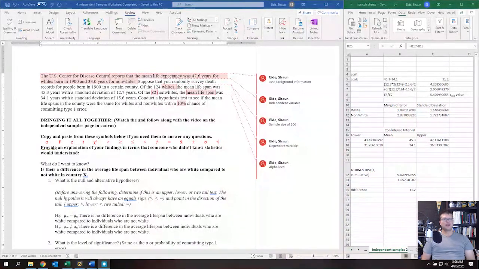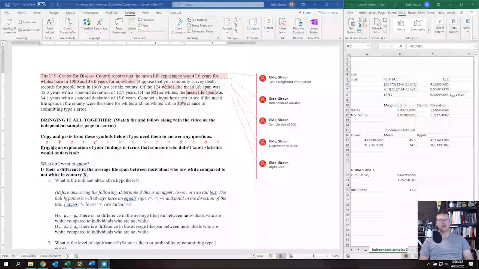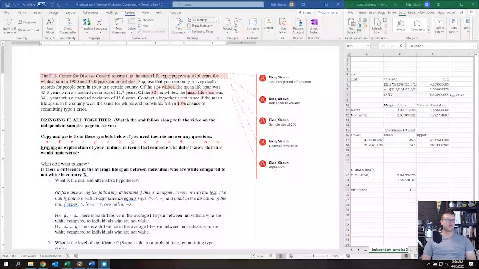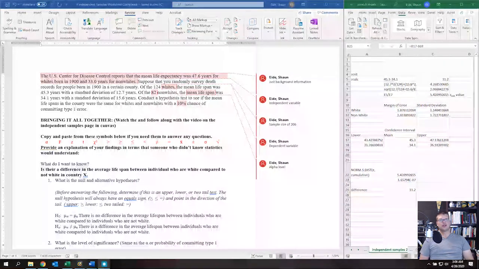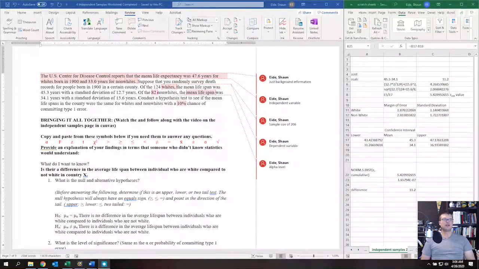Of the 124 white individuals, the mean lifespan was 43.5 years with a standard deviation of 12.7 years. Of the 82 non-white individuals, the mean lifespan was 34.1 years with a standard deviation of 15.6 years. Conduct a hypothesis test to see if the mean lifespan in the country was the same for whites and non-whites, with a 10% chance of committing type 1 error.